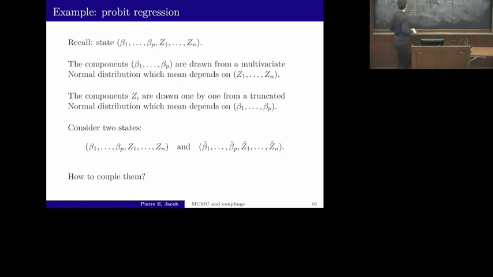Yeah. We could use common random numbers, but they will not meet either, right? Maybe they'll get closer to one another or something nice would happen, but if everything is common random numbers, they will not exactly meet. We can do maximal coupling everywhere with the algorithm. But maybe that's not the fastest way of obtaining meetings. But we could do that and see what happens.